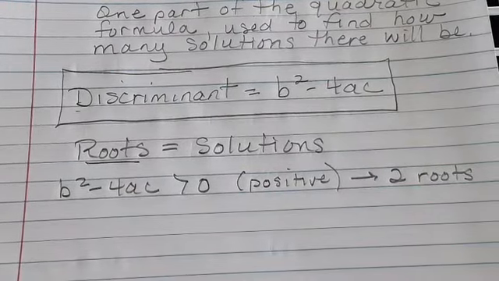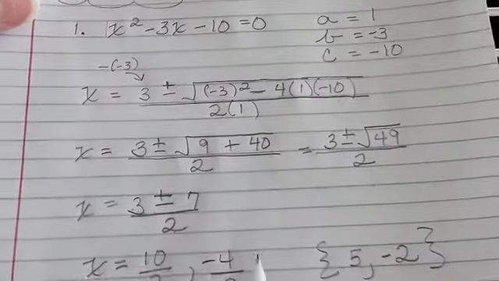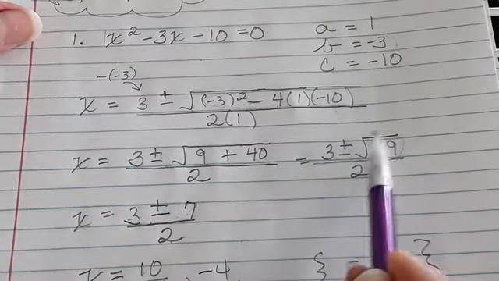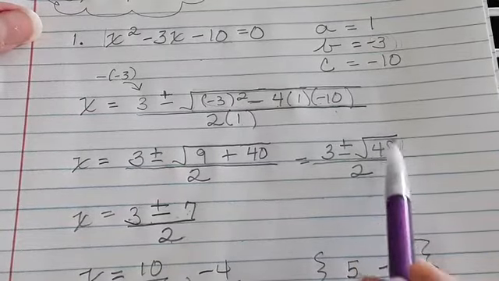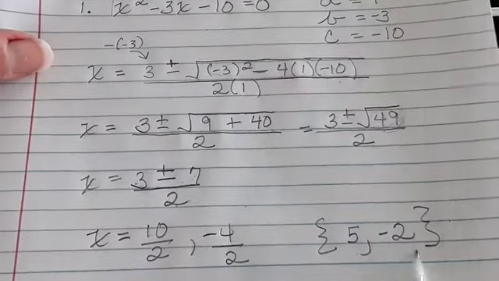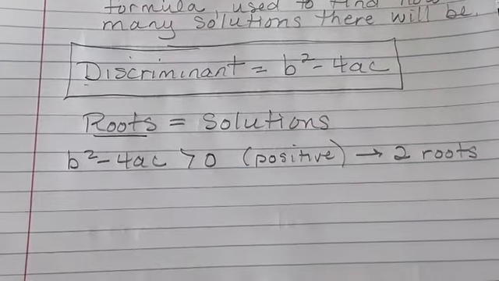And if you look at the example that we did previously, that was our equation. The value under the radical symbol was 49. The discriminant was 49. That's a positive value. That tells us we're going to have two solutions, and that is what we had. So if your discriminant is a positive number, two roots.